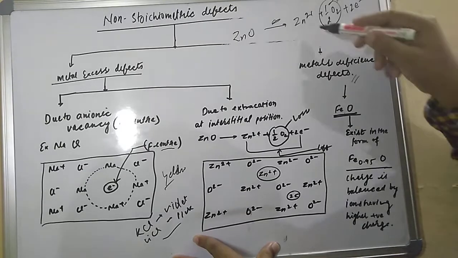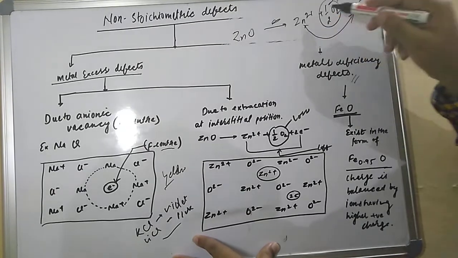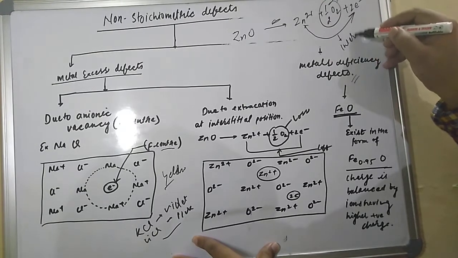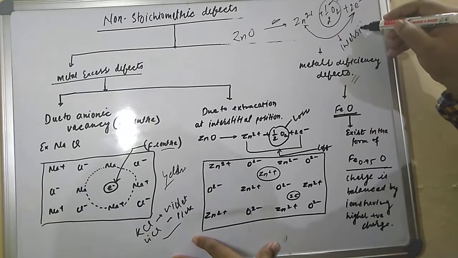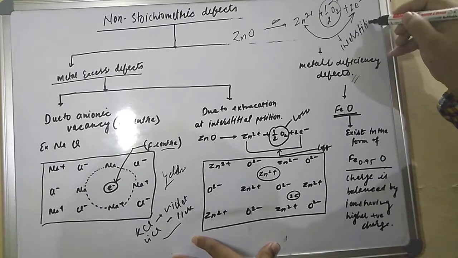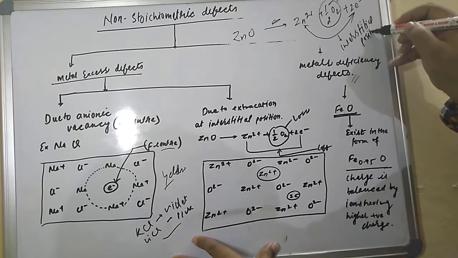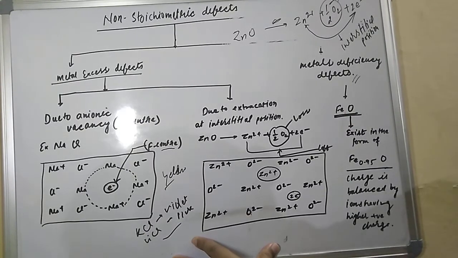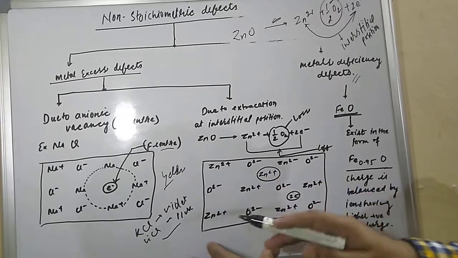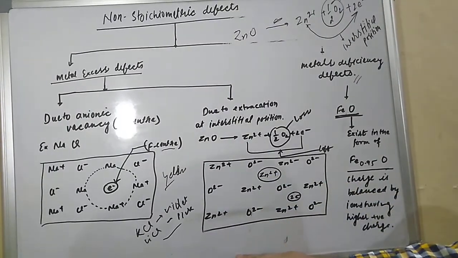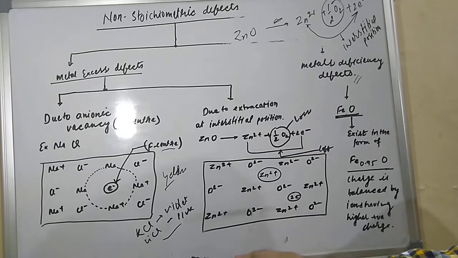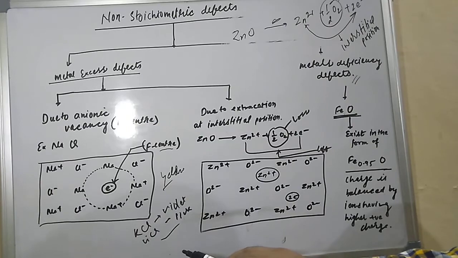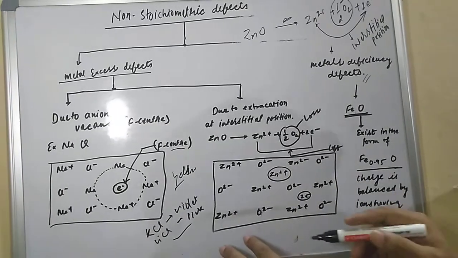But in this case, Zn2+ and 2 electrons are there. Both will go to the interstitial position and impart color to the solid. So here alternate Zn2+ and O2- are there, and because of the presence of the electrons, it will turn yellow.